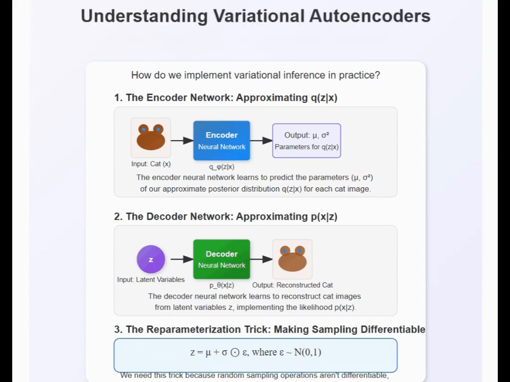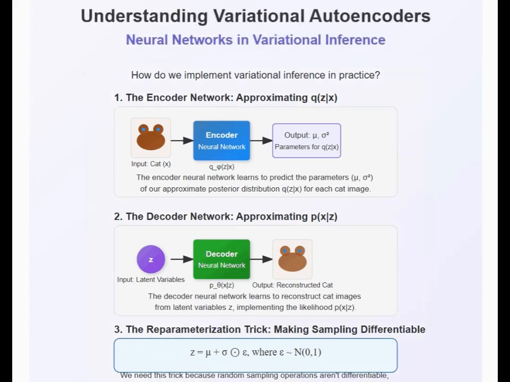Now that we understand the mathematical foundations, let's explore how neural networks fit into our variational inference framework. How do we actually implement these complex mathematical concepts in practice? First, let's look at the encoder network. This neural network is responsible for approximating q of z given x, that is our approximate posterior distribution. Looking at the diagram, we start with our input cat image on the left.